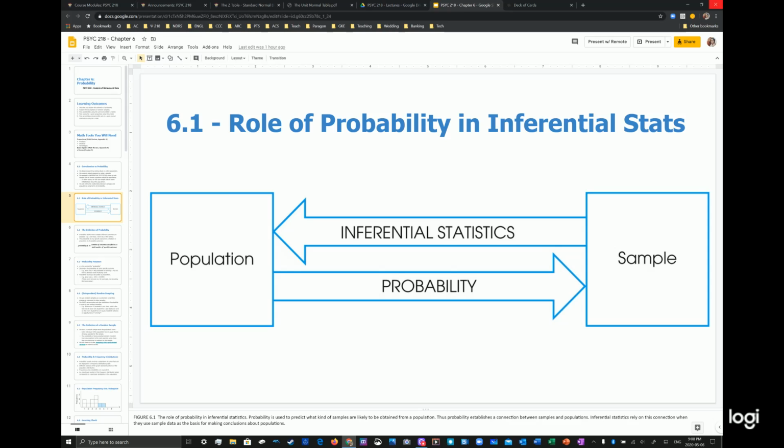We use probability to do this. The other way of using probability is in how we get the sample from the population. In random sampling, we want everybody from the population to have an equal chance, the same probability, of being chosen as a sample.